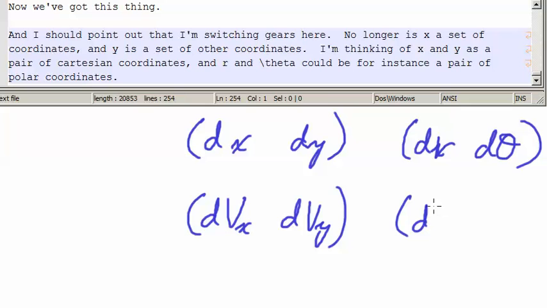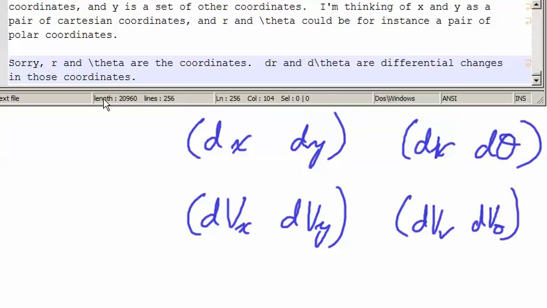Sorry, I meant r and theta. R and theta are the coordinates. Dr and d theta are differential changes in those coordinates.